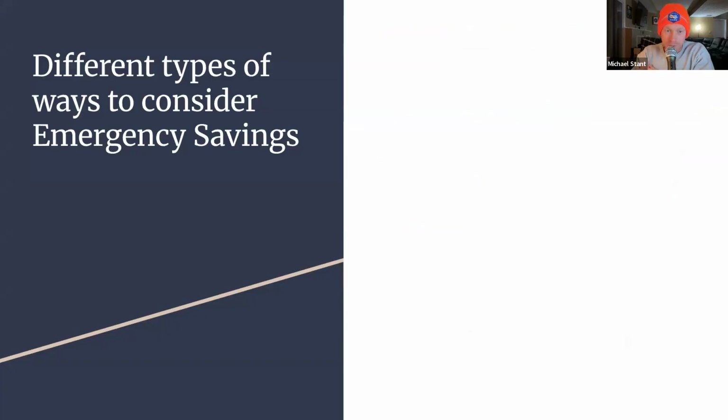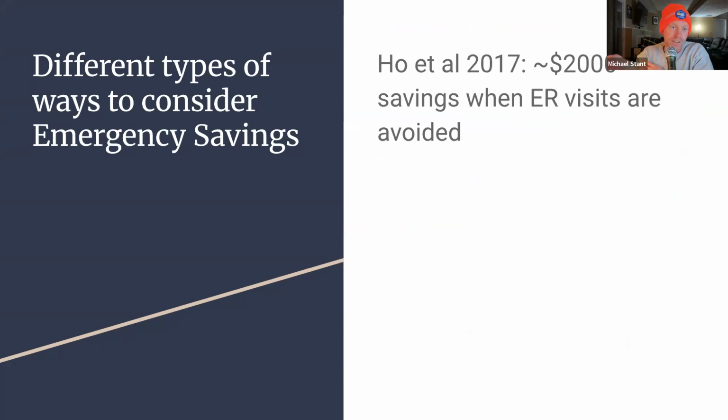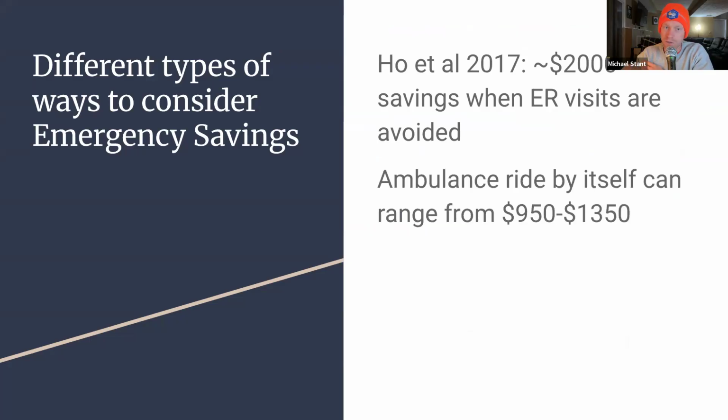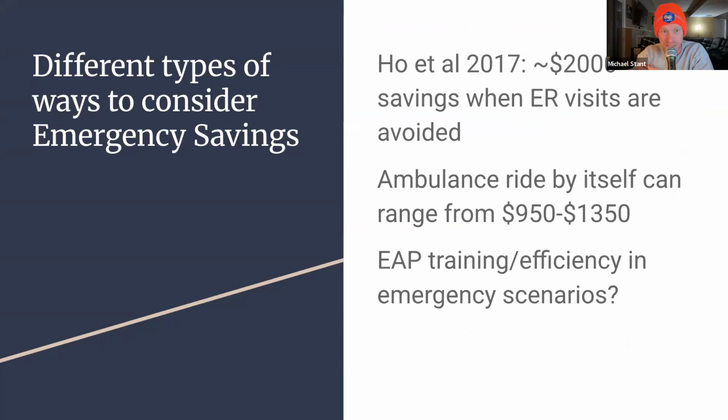So, just a couple of other ways to consider how you and your setting save emergency costs. A study showed about $2,000 savings when emergency room visits are avoided. The ambulance ride itself is almost $950 to $1,350. So if you have something where you think you can get a parent to just drive them to the ER, do that.